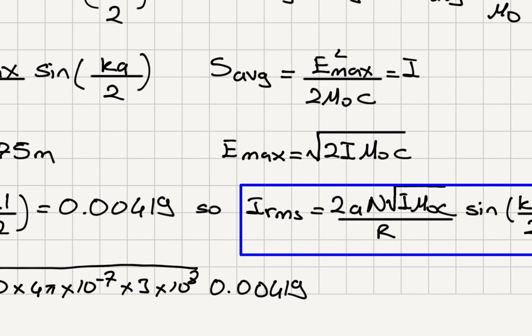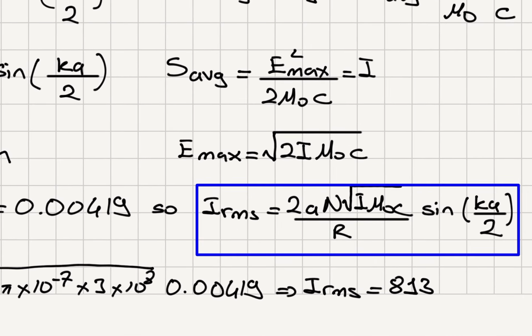This gives us an RMS current of 813 microamperes.